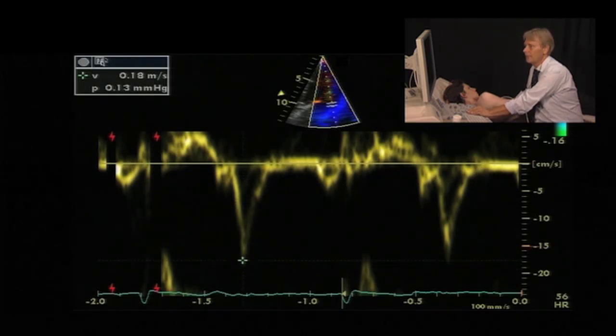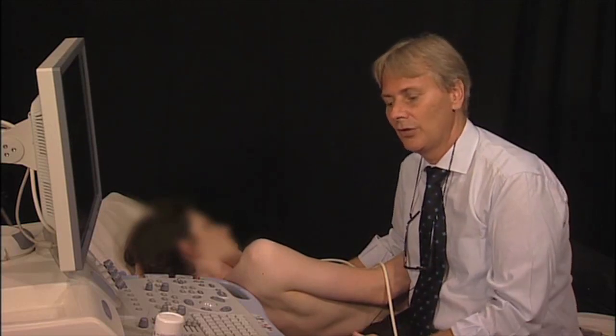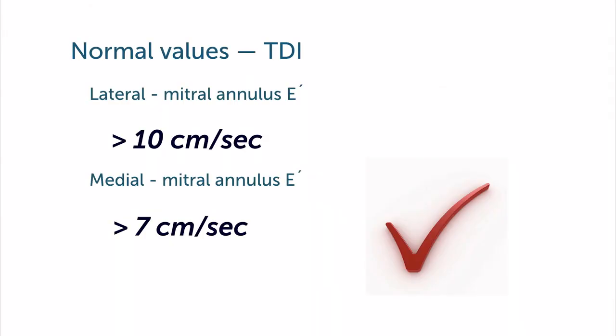Here the maximum velocity is 0.18, so you will usually see a much higher velocity of the tissue Doppler E' wave at the lateral ring as opposed to the medial ring. The normal values for the tissue Doppler E' wave are 10 centimeters per second for the lateral and 7 centimeters per second for the medial annulus.